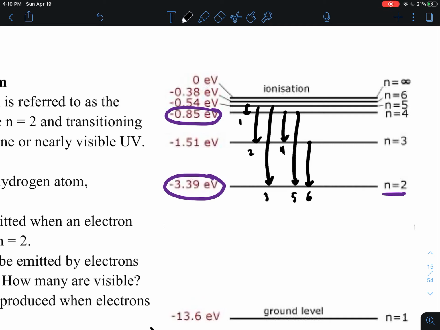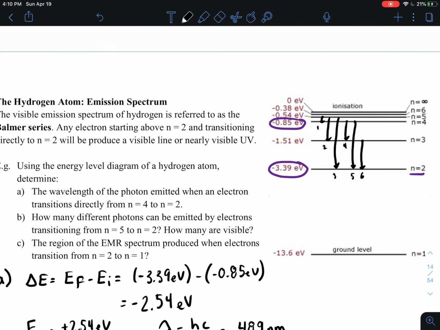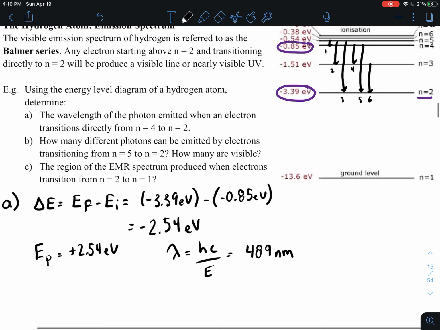They're all slightly different lengths, even though some of them look very similar. So for B, how many are there? There are 6.